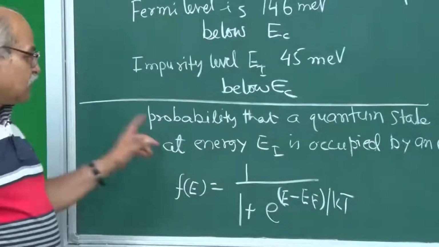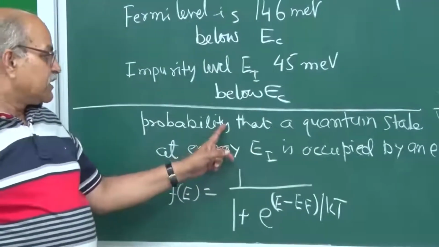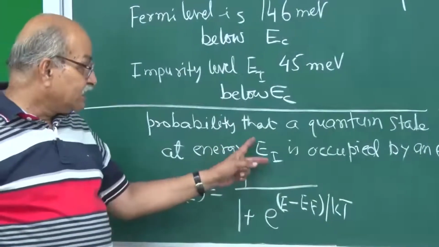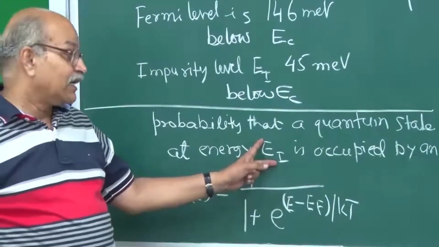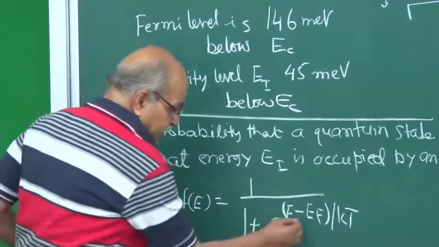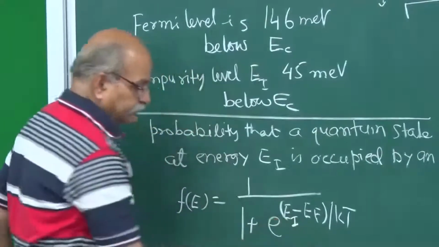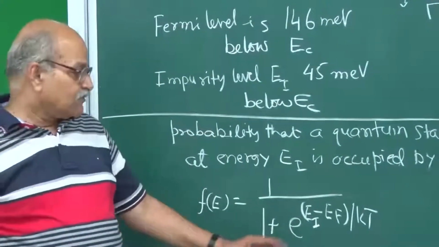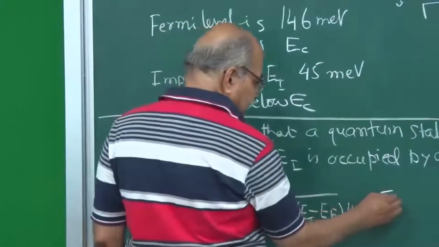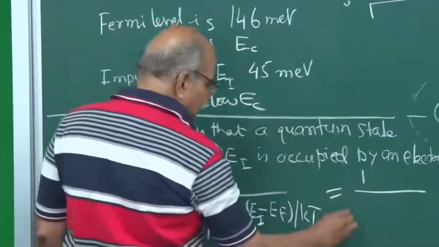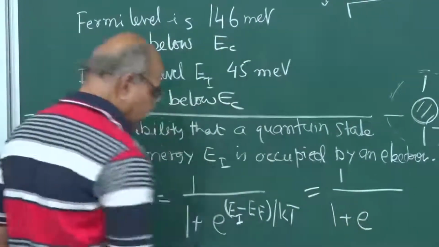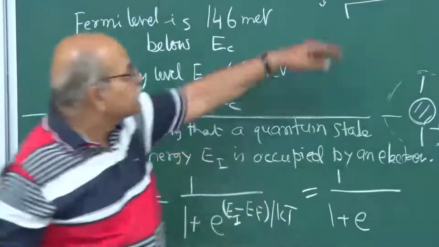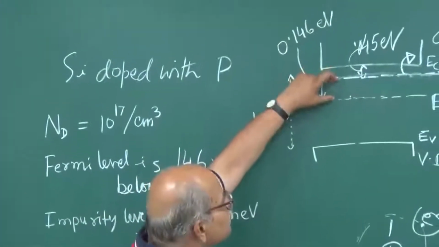Since I am looking for the probability that a quantum state at energy EI is occupied, this E here is nothing but EI, and that one can calculate. So this is 1 over 1 plus e power (EI minus EF) over kT. So this is EI and this is EF.